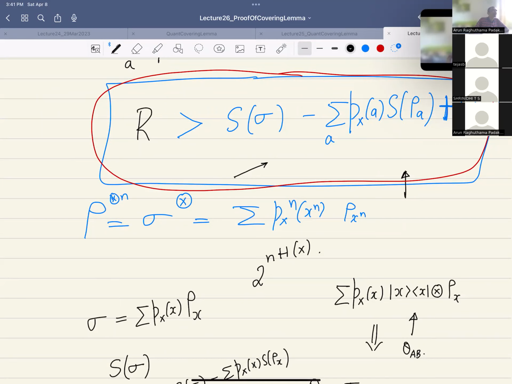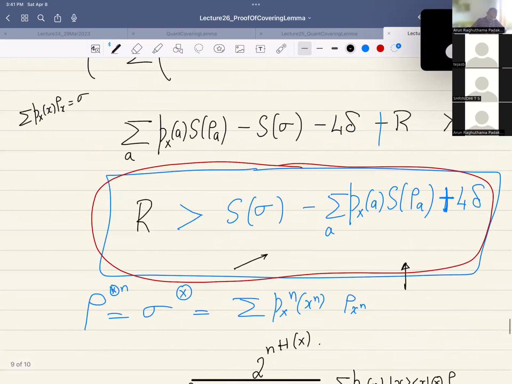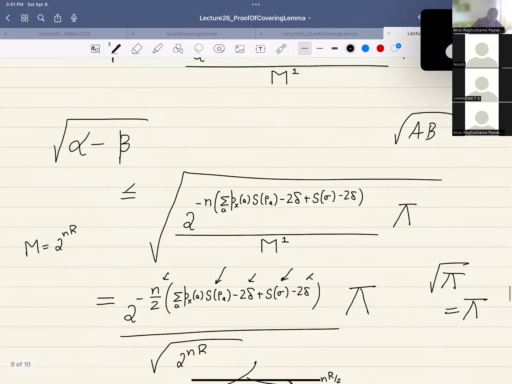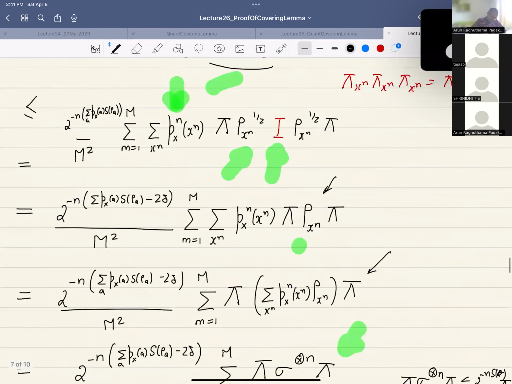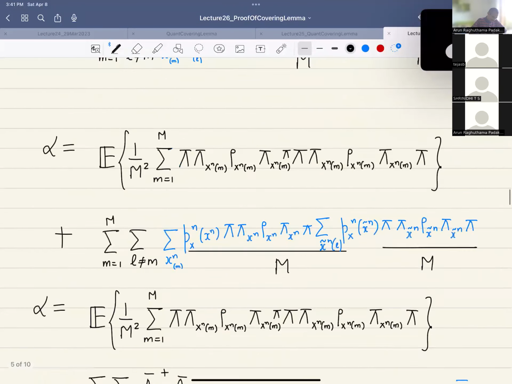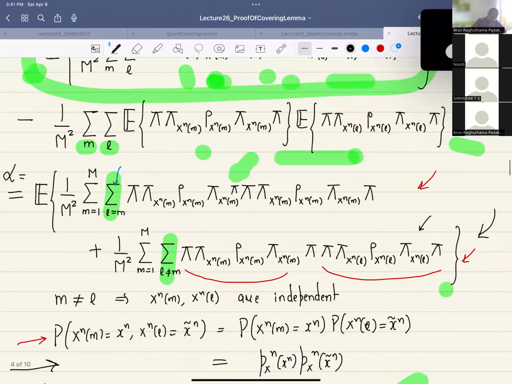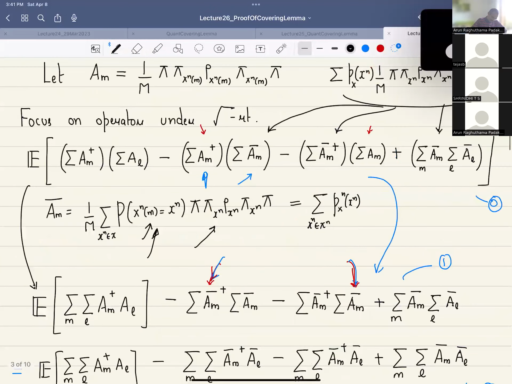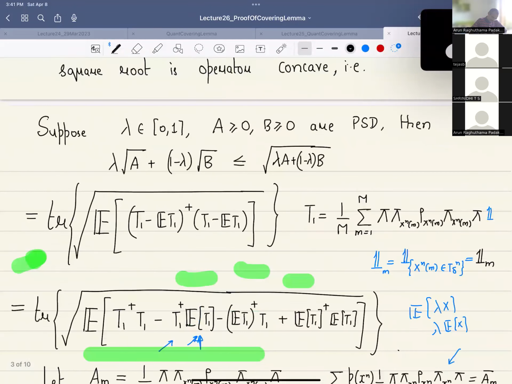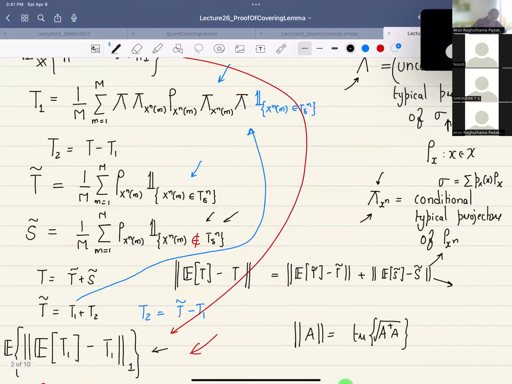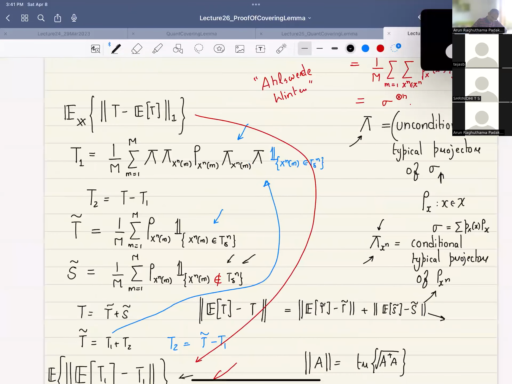Can you just go to the red part which you had shown before? Just scroll up a little bit. Expectation of that thing. I think it's above this part. No, still above this.